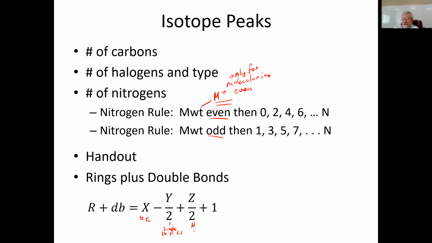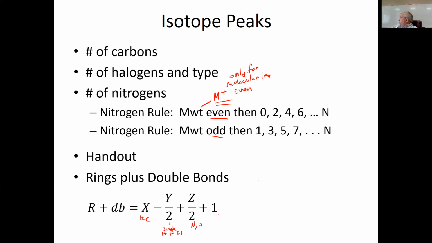I'm trying to get it correct in my mind. It's been a while. Let me take a look at this real quickly. Yeah, Z is nitrogen, phosphorus, things like that, which can have 3 bonds, and then you have to add 1.